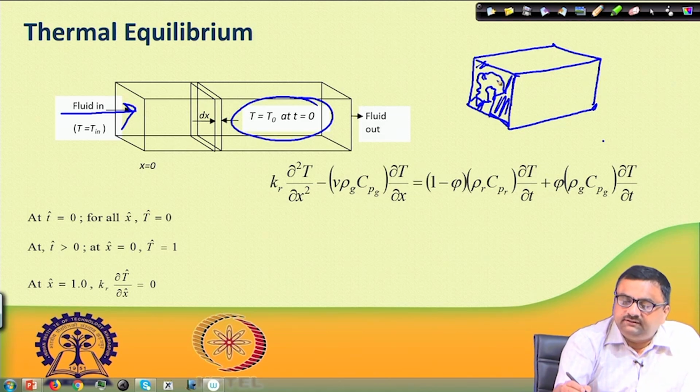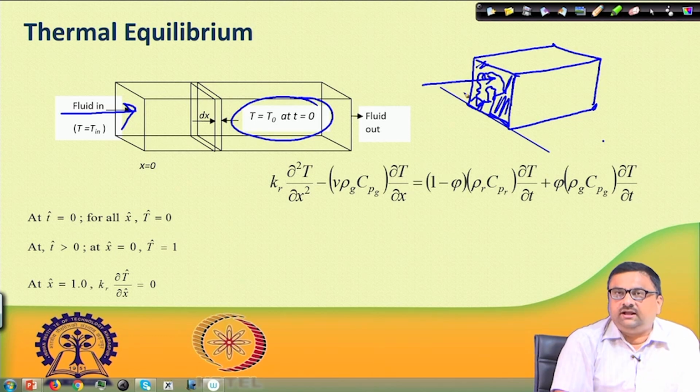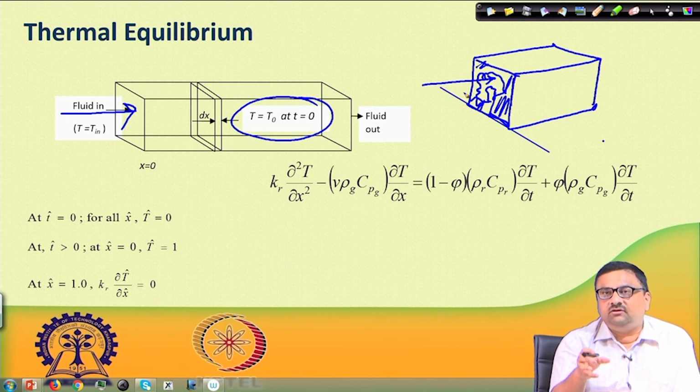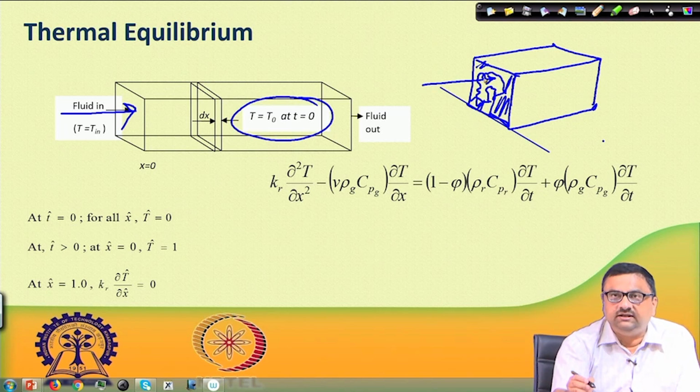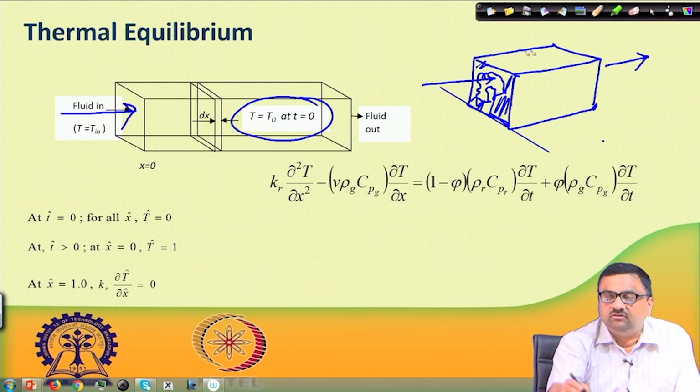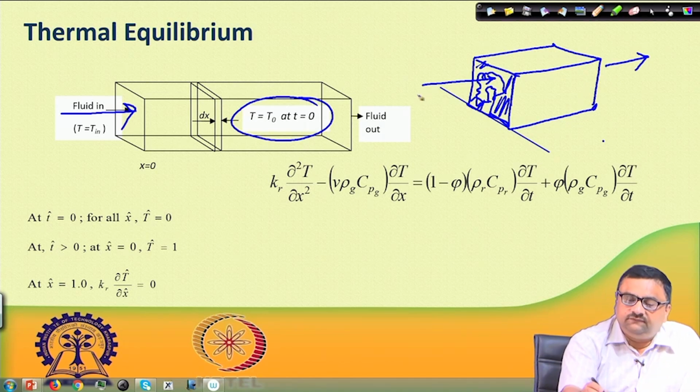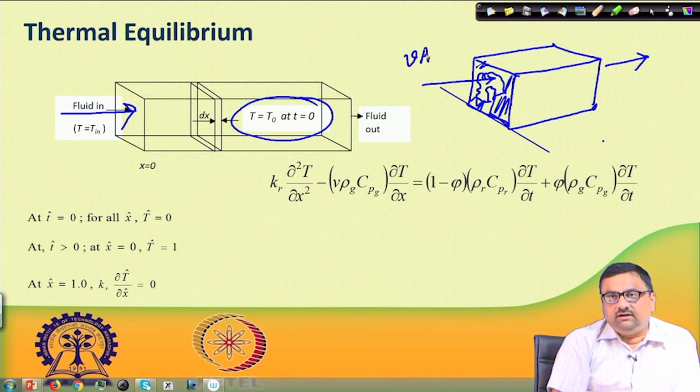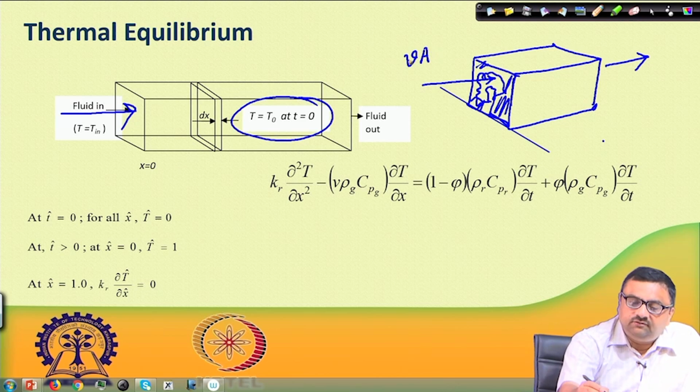Then the flow that is taking place can carry some amount of sensible heat through the porous medium. That means the flow that is going into and coming out of this differential element is carrying some heat. Let us say V is the superficial velocity, then V multiplied by the total area A gives me the volumetric flow rate.